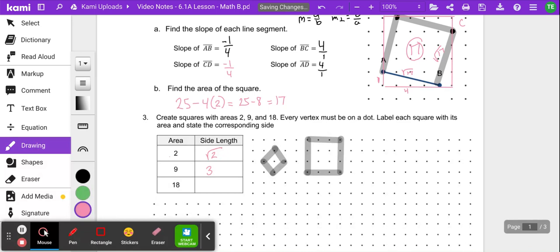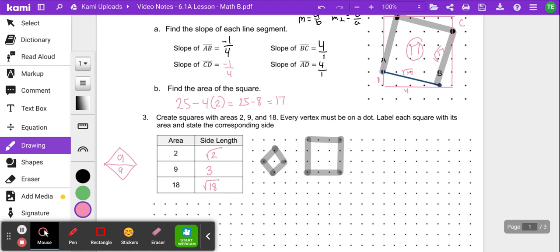Okay? Here, the next one, if I have an area of 18, this would have to be the square root of 18. So I'm thinking I have to have it tilted. I know that. And this top area has to be 9, and this bottom area has to be 9.